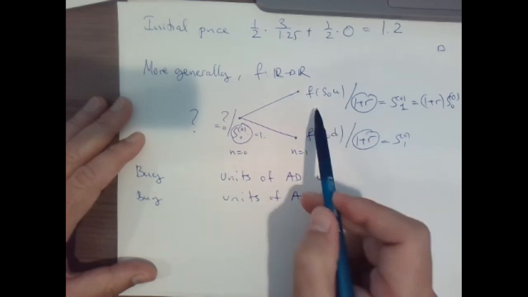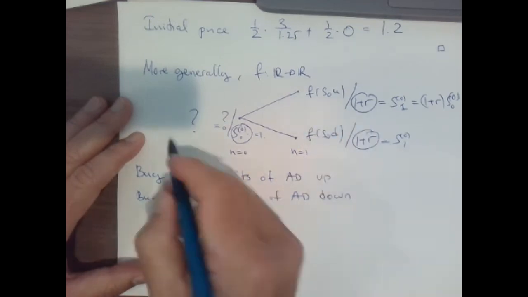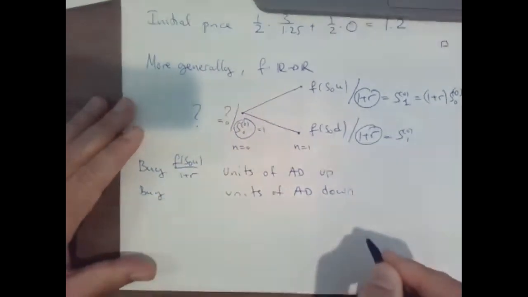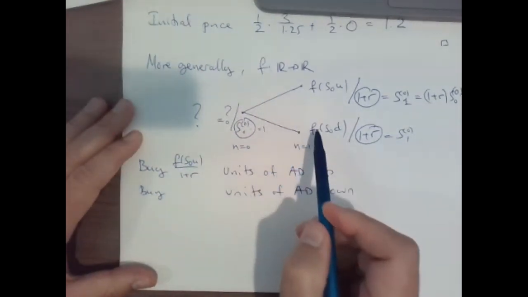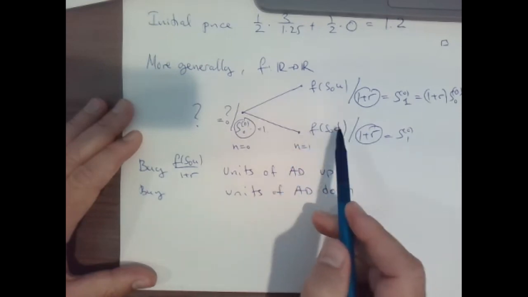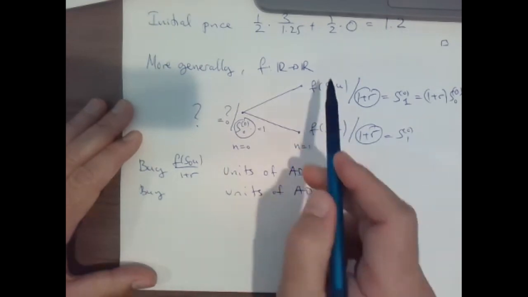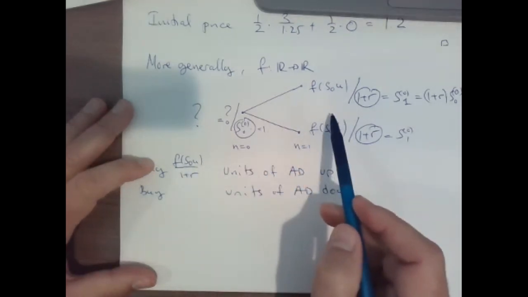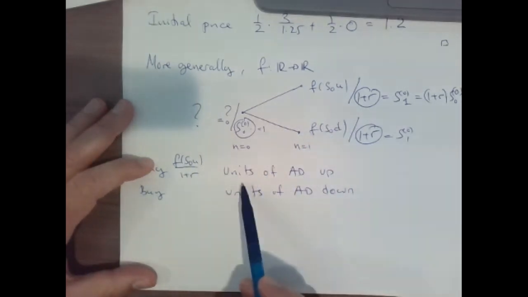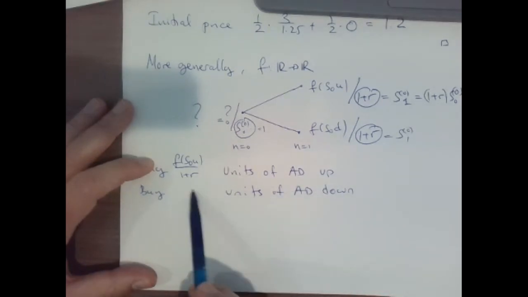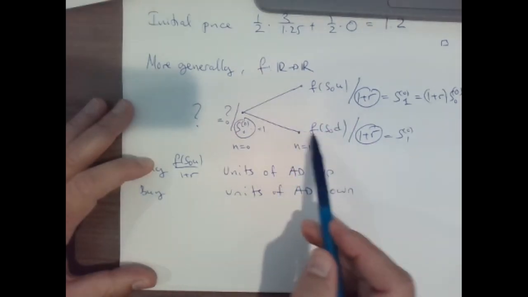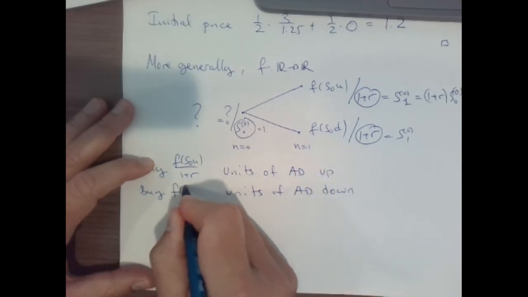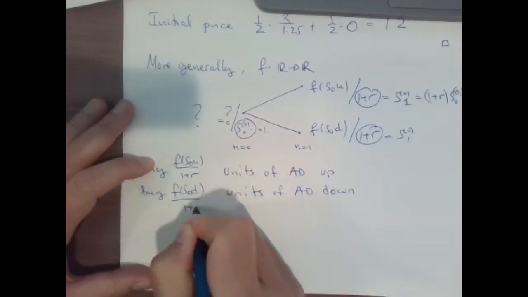How many 1s do we need to get? We need to get this ratio: f of S0u divided by 1 plus R. The up units do not pay anything out in the down state, so we don't get any payments of the second part of the portfolio in the up state. So in the second case, how many units do we need of the down? Well, we need f of S0d divided by 1 plus R.